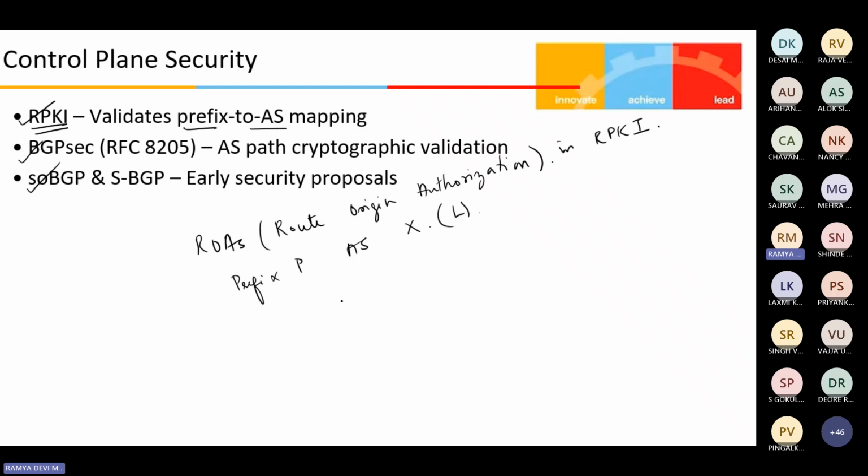The router will be validating this prefix and the autonomous system from the local RPKI validator with the help of the RTR protocol. Each and every BGP route on the router will be tagged as valid, invalid, or not found by comparing the route's origin autonomous system together with the prefix to the VRPs.